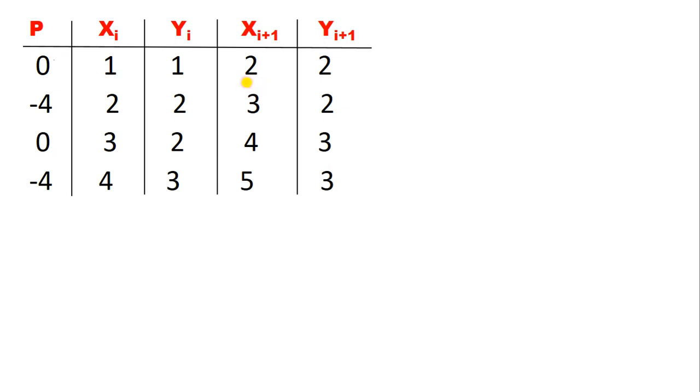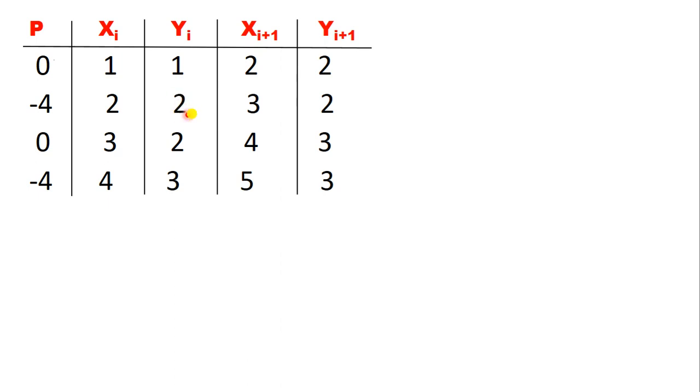Whatever the previous values were, 2 and 2, we will now take as the current points. The xi plus 1 value, 2, will be taken in the xi position, and the yi plus 1 value, 2, I have taken here in the yi position.